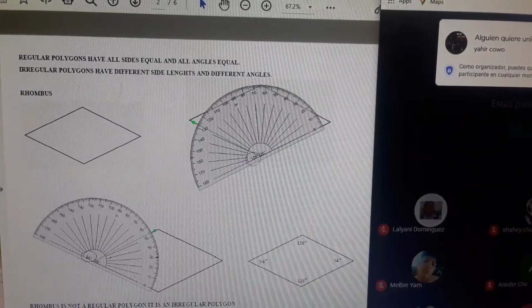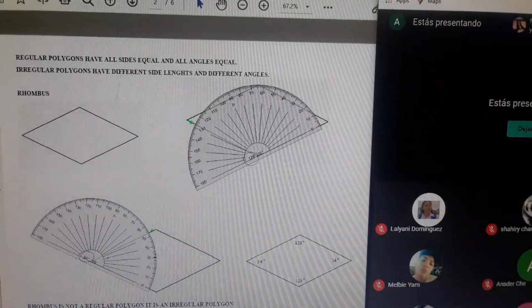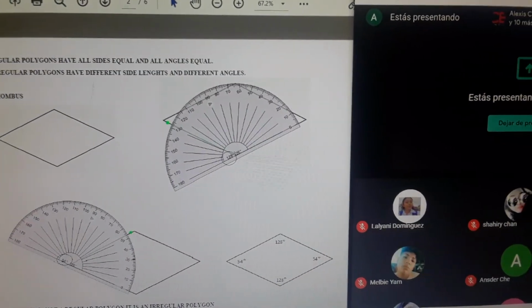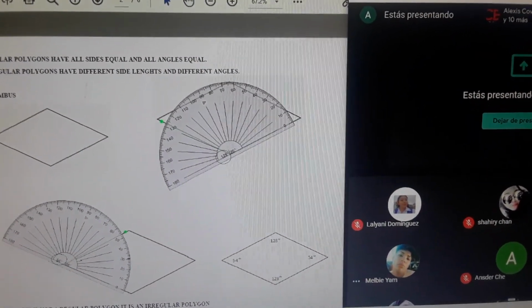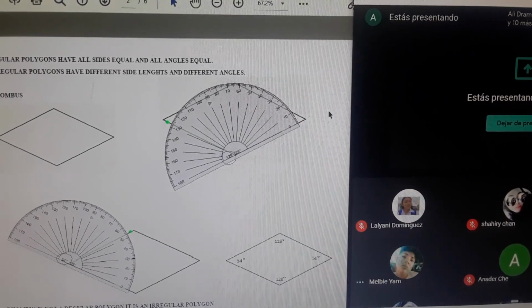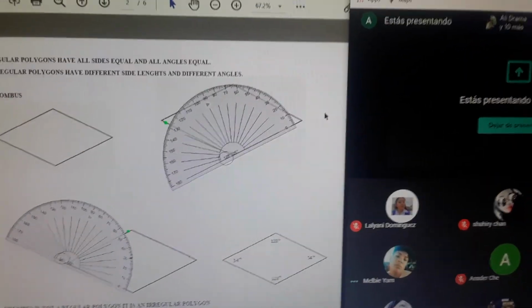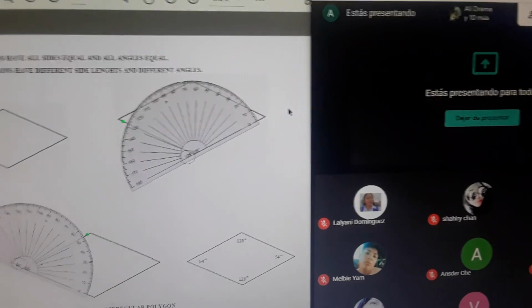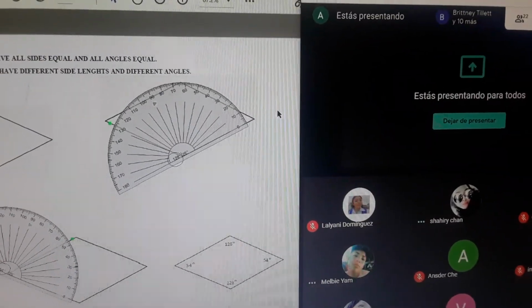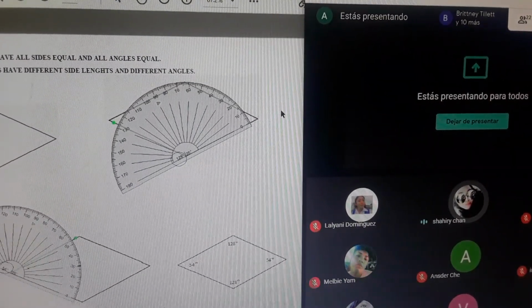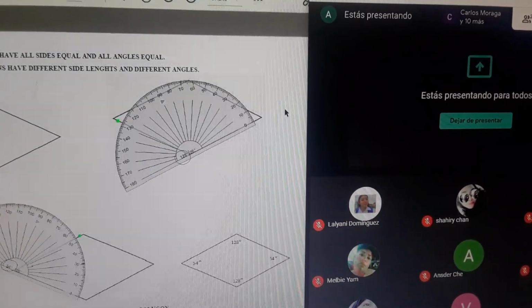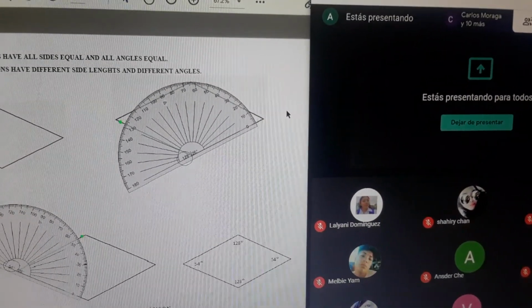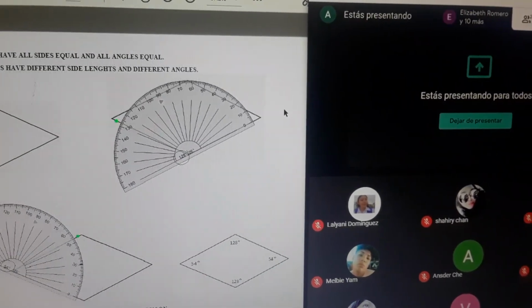The sides are the same, yes. And what else? And the angles are equal, sir. Angles are the same, yes. They're bounded together with all their sides equal and all their angles equal, okay?